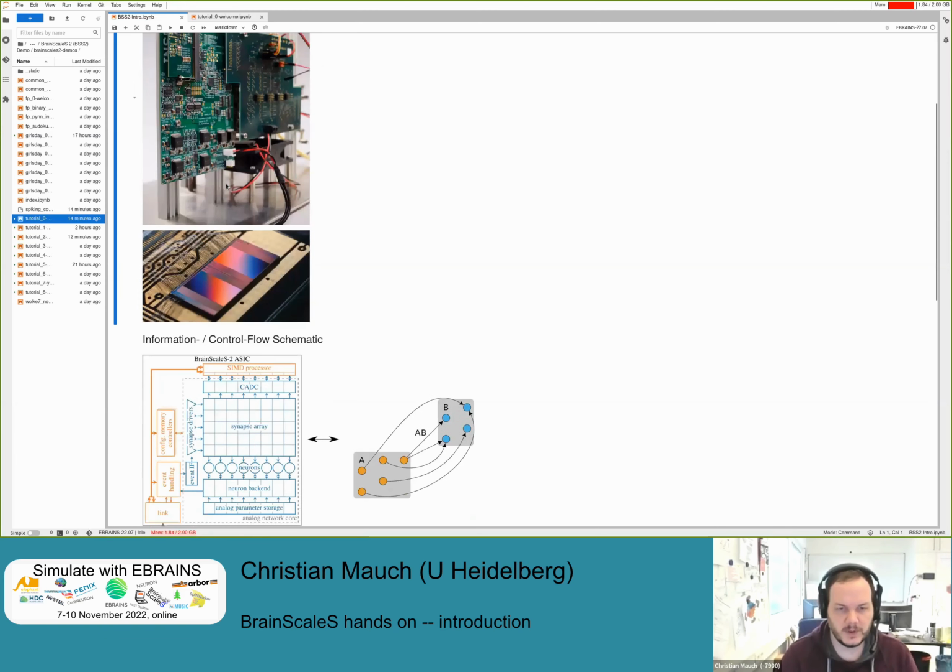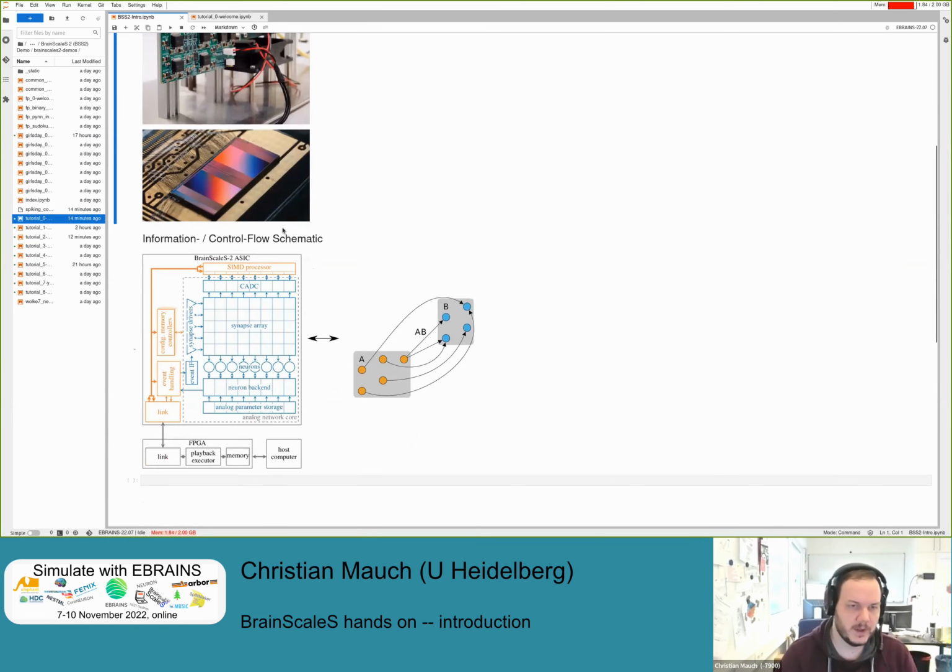So another, a little bit more detailed overview of how the chip looks, you can see in the schematic. At the heart of the chip is the analog network core. The main features are the neurons and their synapse array, which can be configured to emulate different networks.